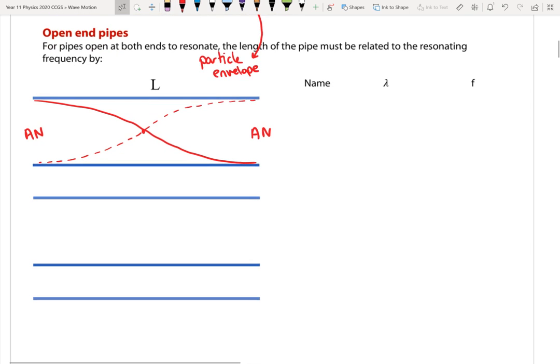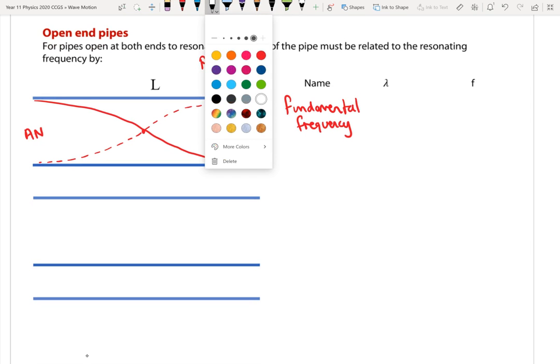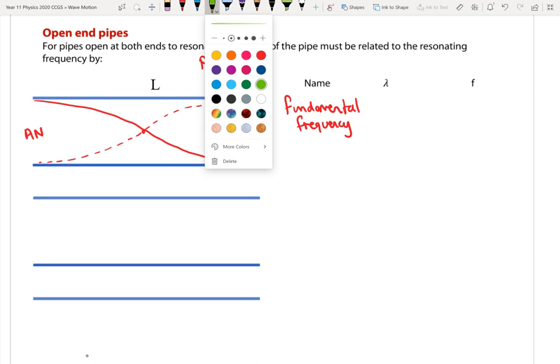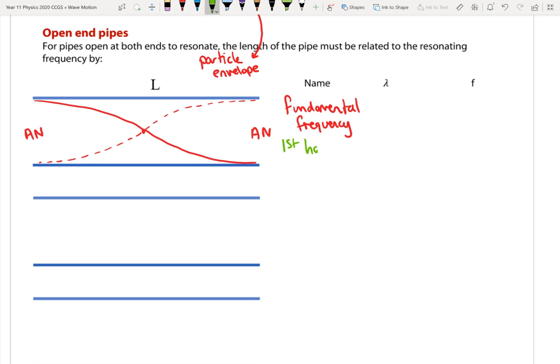Now, same as the string, and this is the lesson that I asked you to watch over the weekend, you've got to be careful with the names here. We've got the fundamental, which is also known as the first harmonic. You need to be careful as to what you've been given.